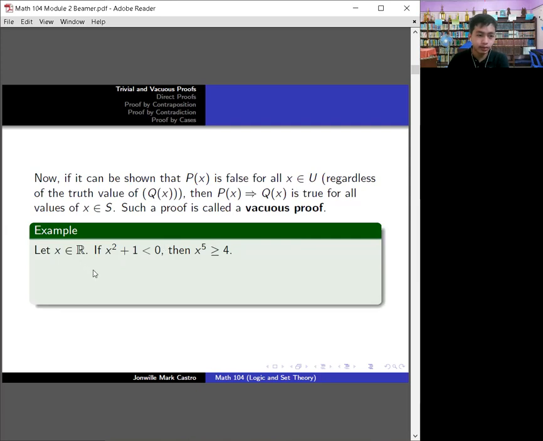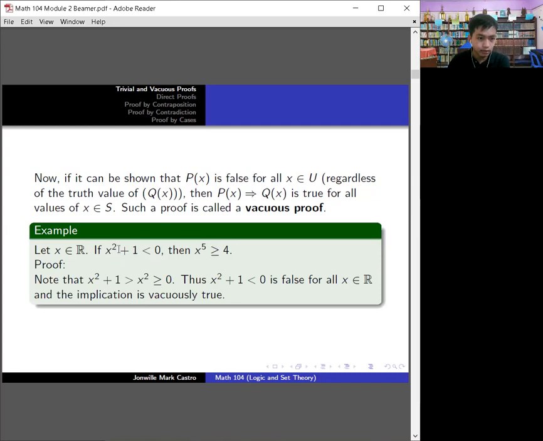For example, let x be in R. If x squared plus 1 is less than 0, then x raised to 5 is greater than or equal to 4. Okay. So note that x squared plus 1 is greater than x squared, which is always non-negative. Pero since yung hypothesis natin dito, yung if statement natin dito, x squared plus 1 is less than 0, meaning so x squared plus 1 ay negative, ito ay false.